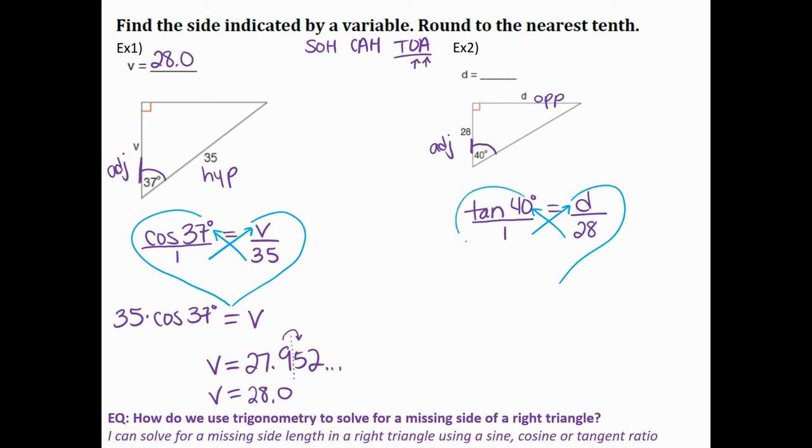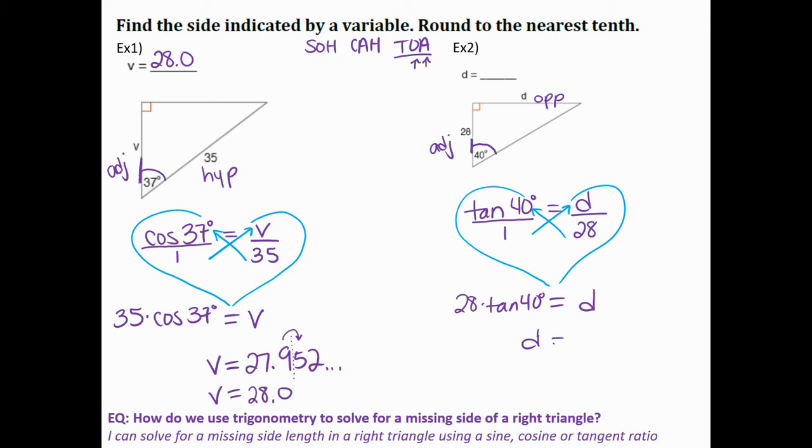Here we go. Not too bad on my hearts. They're like halfway decent. Okay, and then I have 1 times D and bring it down is D. 28 times tangent. Remember, it's not times the 40. It's 28 times tangent 40. And then again, D happens to already be by itself.